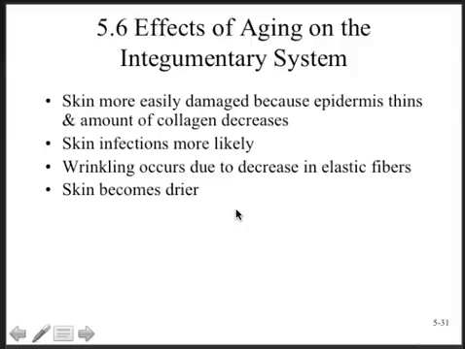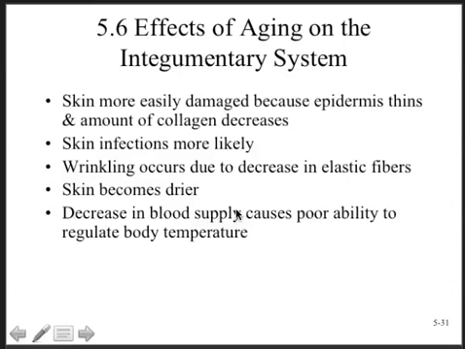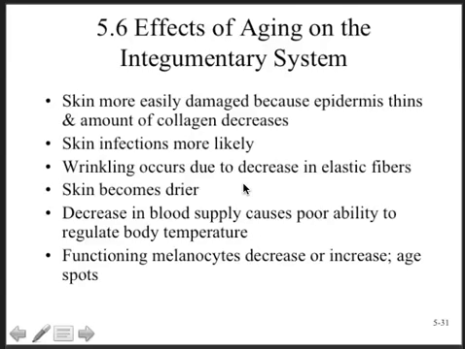But the skin also simply becomes drier on its own due to nothing more than cell death. A decrease in the blood supply causes a poor ability to regulate body temperature, and functioning melanocytes decrease or increase. When they increase, we call these age spots.